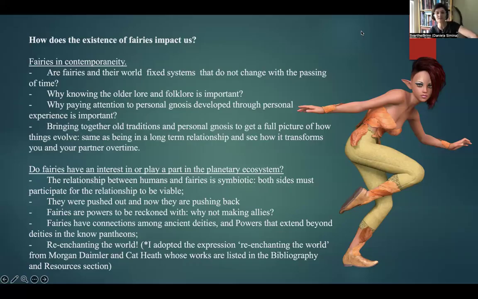I adopted the expression re-enchanting the world from Morgan Daimler and Kat Heath, whose works are listed in the bibliography and resource section.